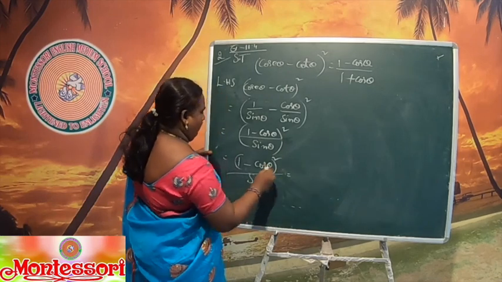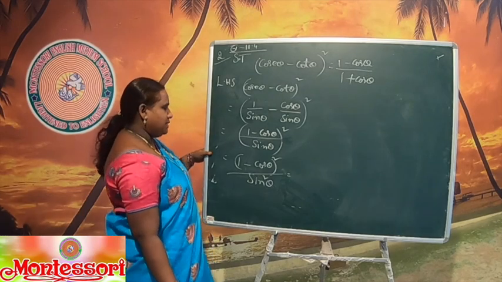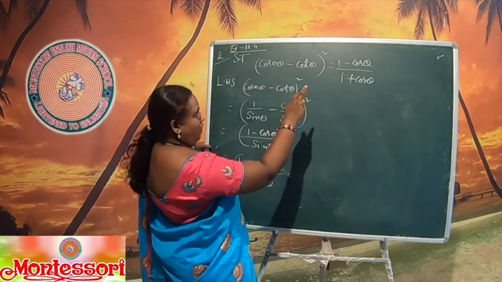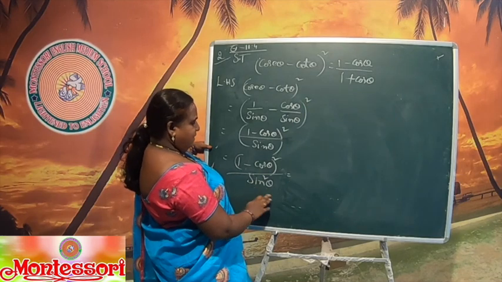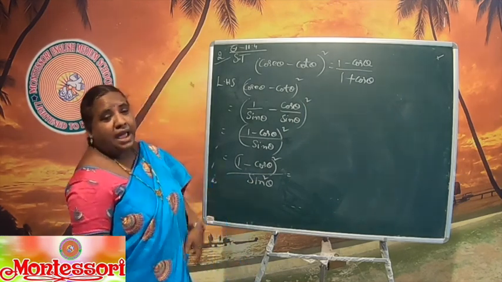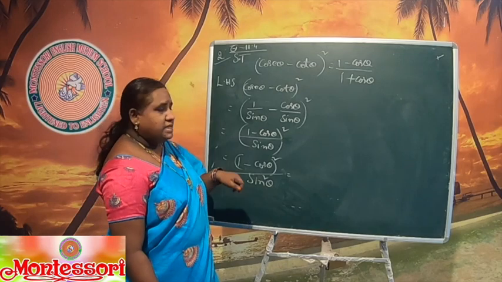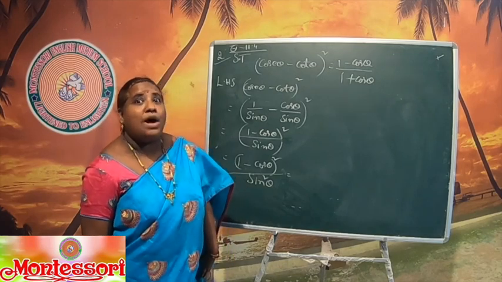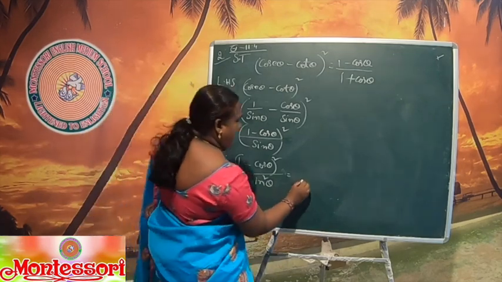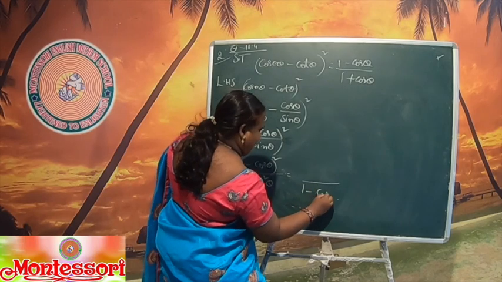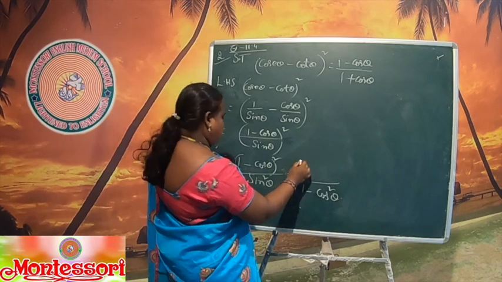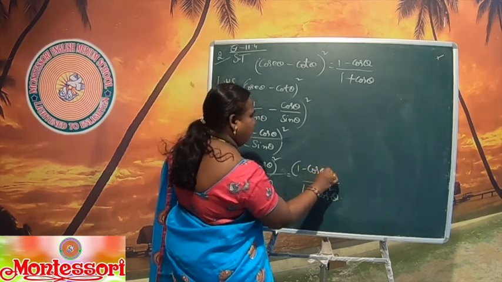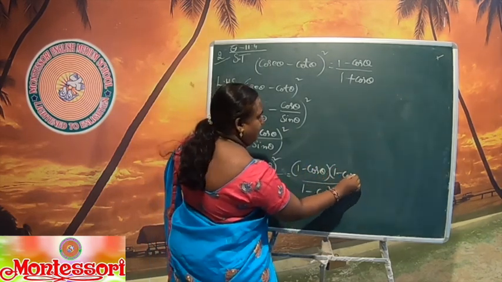Now can we write sin square theta? According to identities, sin square theta is equal to 1 minus cos square theta. So I am writing it as 1 minus cos square theta, and the numerator as the same term two times: (1 minus cos theta) into (1 minus cos theta).